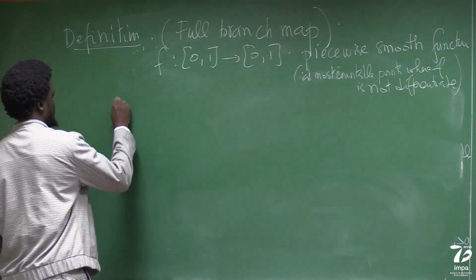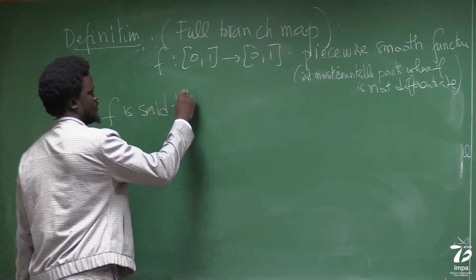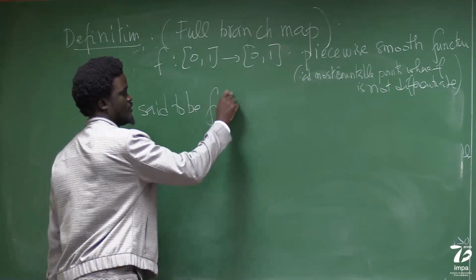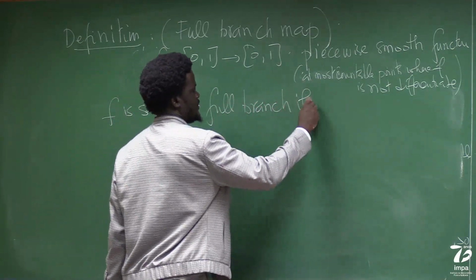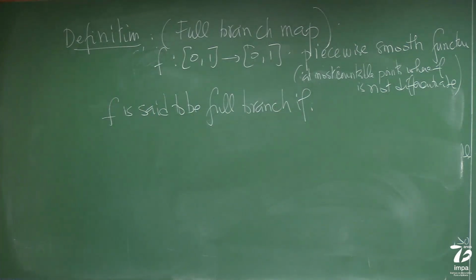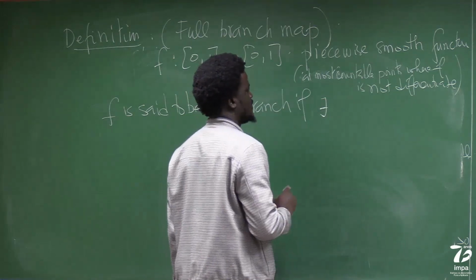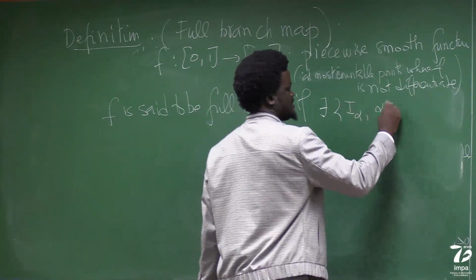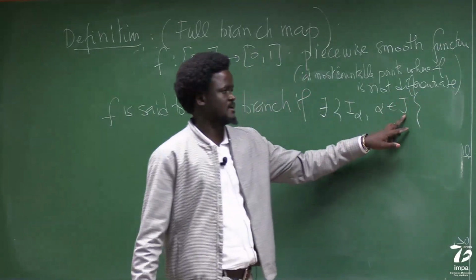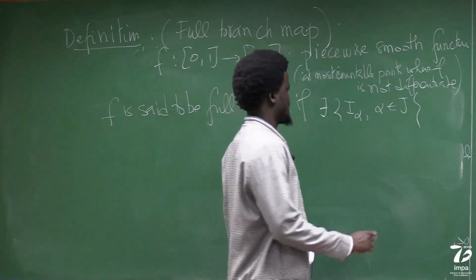So f is said to be full branch if there exists an index set J. There exists a countable index set J. It can be finite, it can be countable.